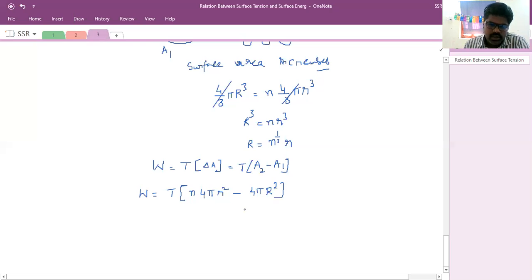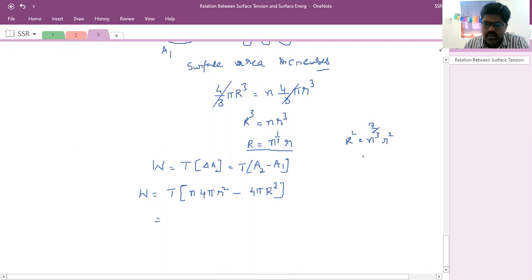You can write this equation in terms of small r or capital R. Since capital R is equal to n power 1 by 3 into small r, capital R square is equal to n power 2 by 3 into small r square.